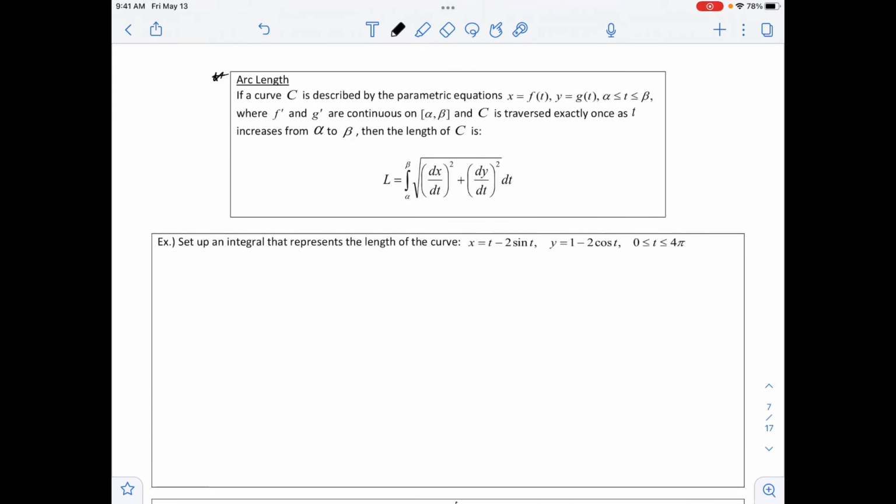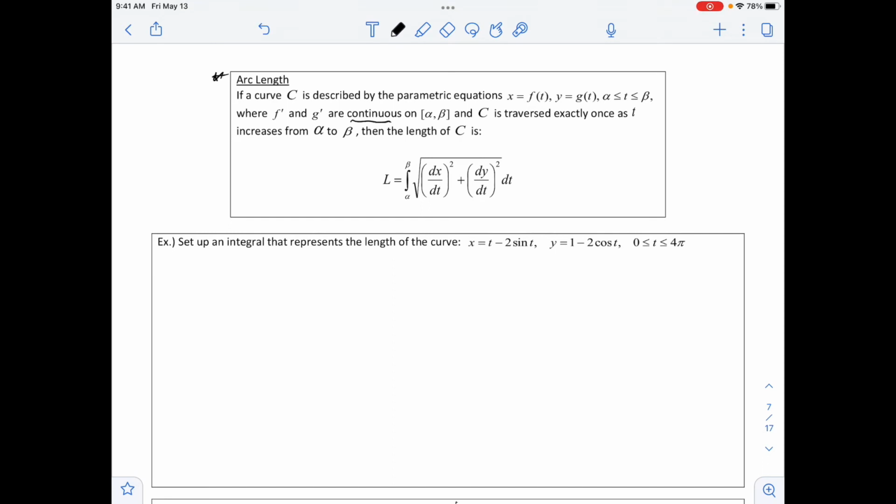At the top of the next page, we have arc length, which was discussed back in chapter 8. This says, if a curve C is described by the parametric equations x equals f of t and y equals g of t, and t is going to be between two values, we'll say alpha and beta, where f and g are continuous on that interval from alpha to beta, and C is traversed exactly once as t increases from alpha to beta, then the length of C is given by, and you'll notice that looks very similar to what we discussed in chapter 8 about arc length.